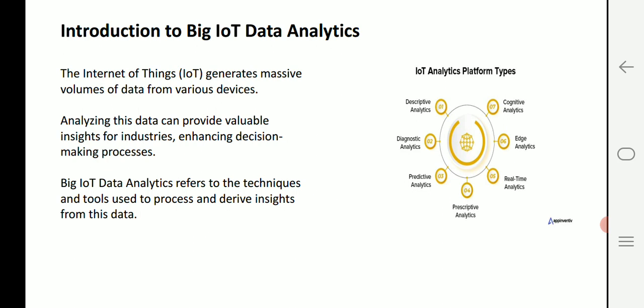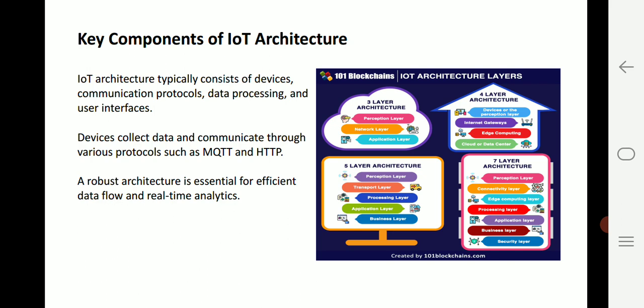Big IoT data analytics refers to the techniques and tools used to process and derive insights from this data. There are key components of IoT architecture. IoT architecture typically consists of devices, communication protocols, data processing, and user interfaces.